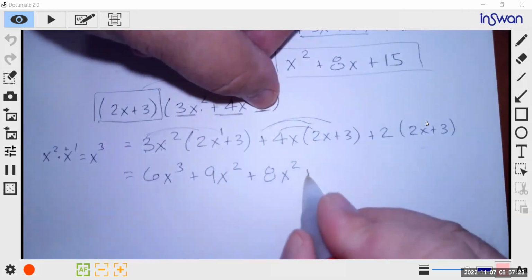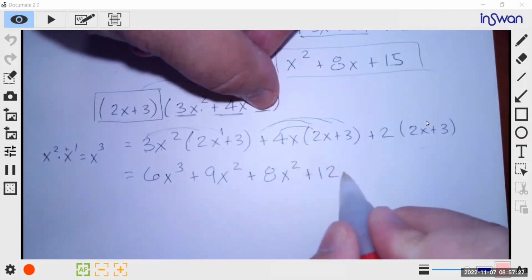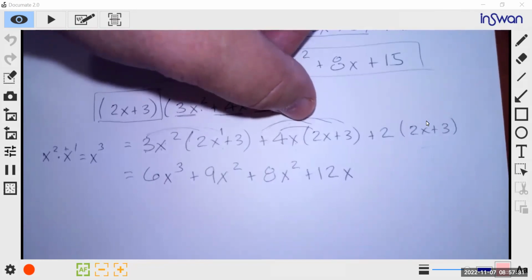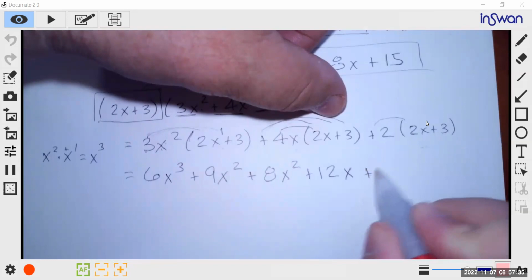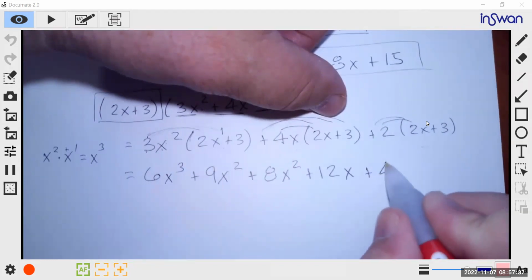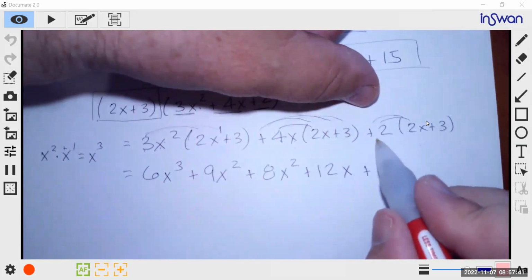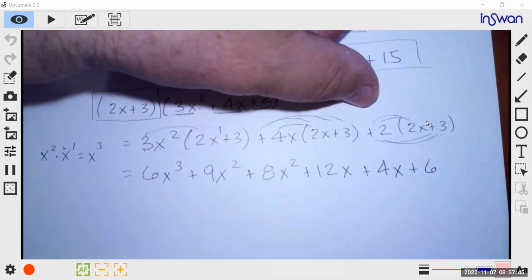Positive times positive is positive. 4 times 3 is 12 times x. That one's done. Positive times positive is positive. 2 times 2 is 4 times x. Positive, positive is positive. 2 times 3 is 6.